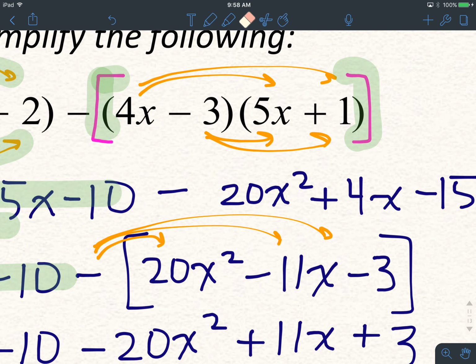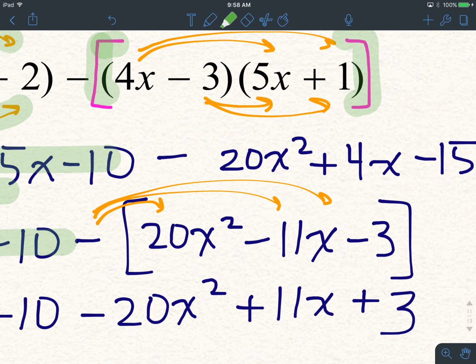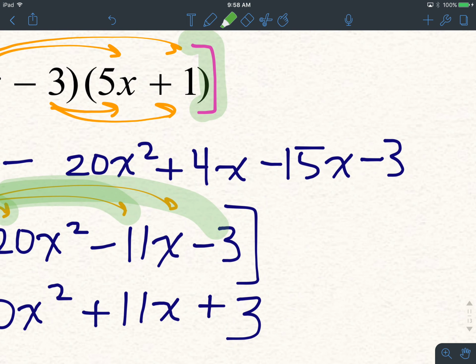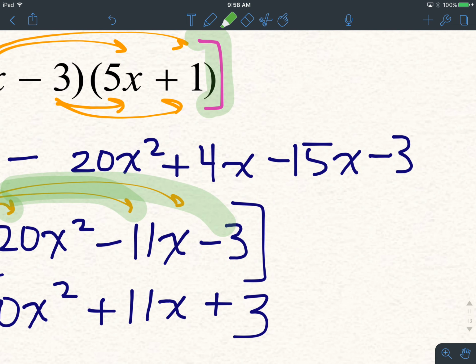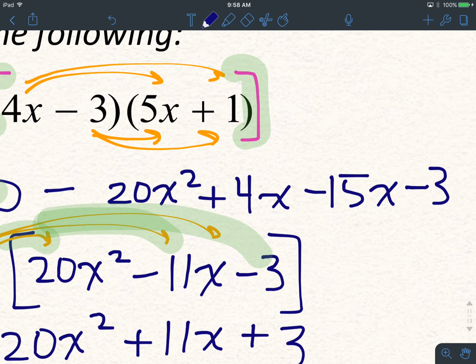But what you're supposed to do, if you look to the line below it, is subtract 20x squared, and then the simplified middle term, minus 11x, and then minus 3. That doesn't happen in this scenario. If you don't include those square brackets, the tendency for students is to forget that you have to distribute that negative to all of the terms in the second expansion.